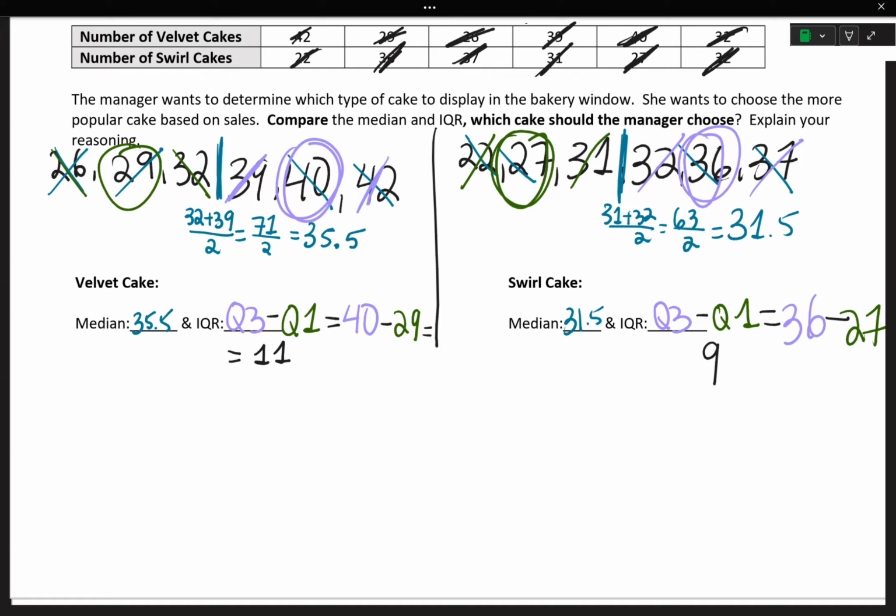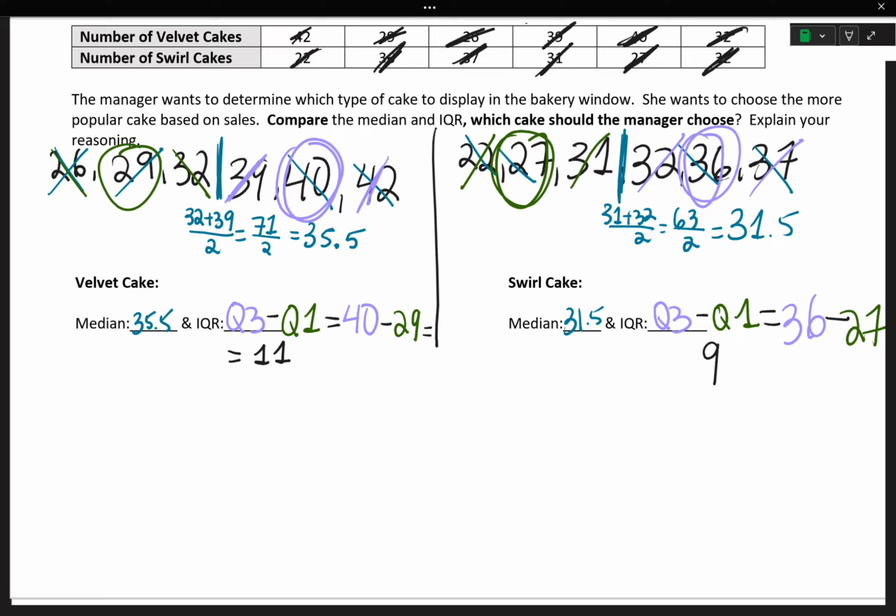I think she should choose the swirl because I think it's just more dependable. I think the velvet cake might be more popular. Actually, I think it might be more popular. Yeah. I know my answer key says swirl, but I feel like it's velvet cake this time.